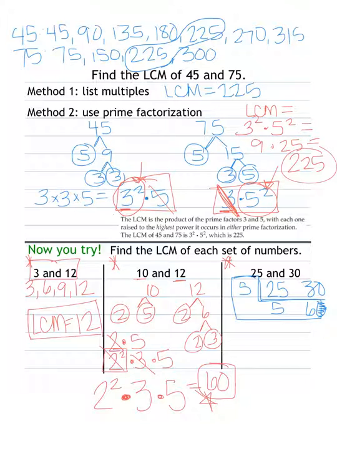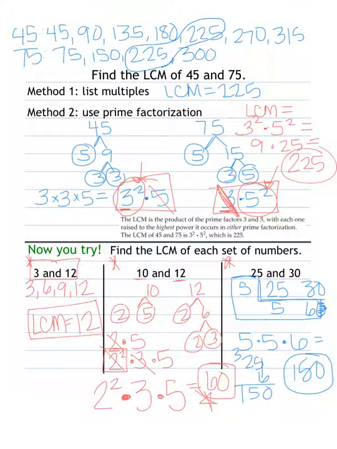So I know that my answer is 5 times 5 times 6. 25 times 6 is going to be 150, which makes sense because I know 25 times 6 is 150, and then 30 times 5 is also 150. The 6 is throwing me off there.